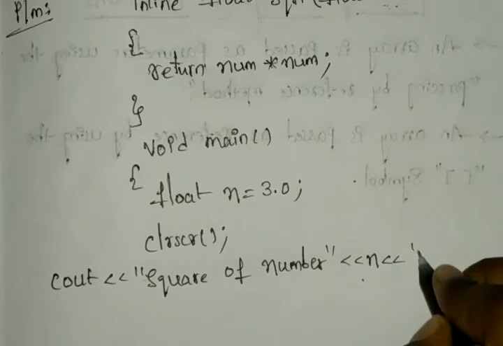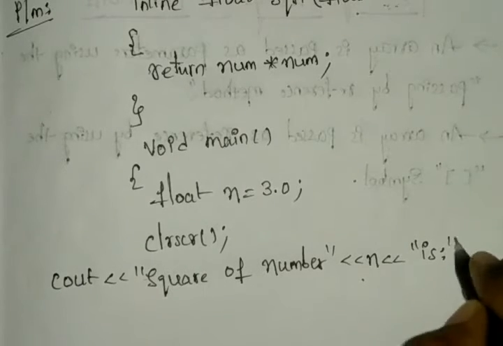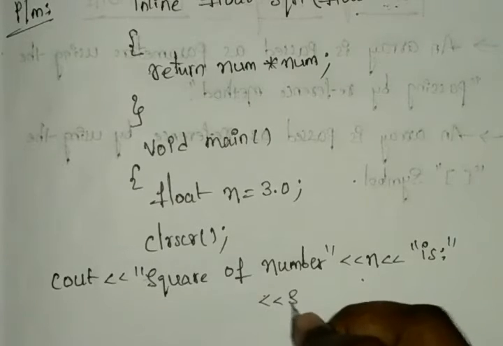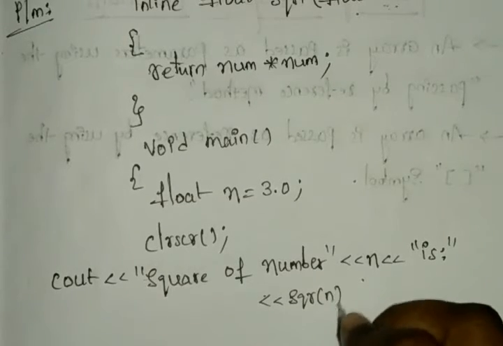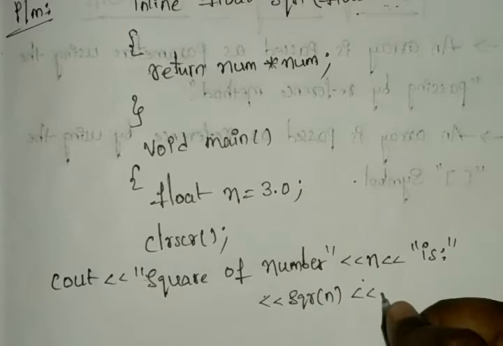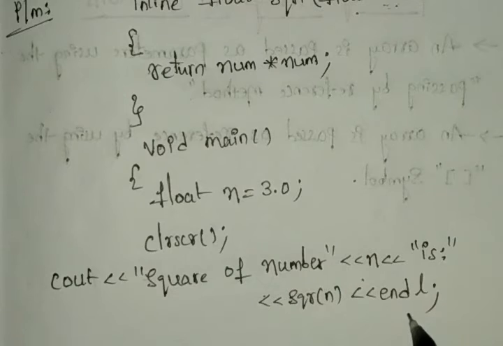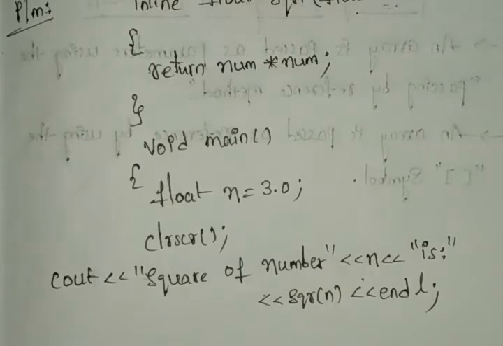And next, again a continuation line, open square of n, and next endl. At the last we are using endl. endl means this is the end of the line.